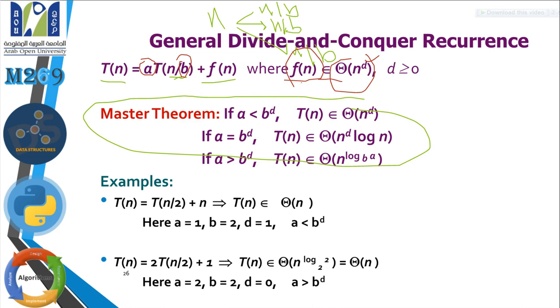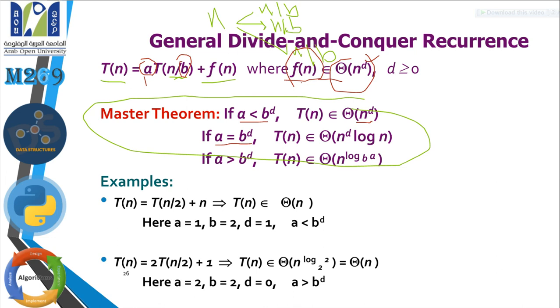Now the theorem says, check this condition. If a is less than b to the power d, then you can say that the big O notation of this function is n to the power d. If not, check the other condition. Check a, does it equal b to the power d?